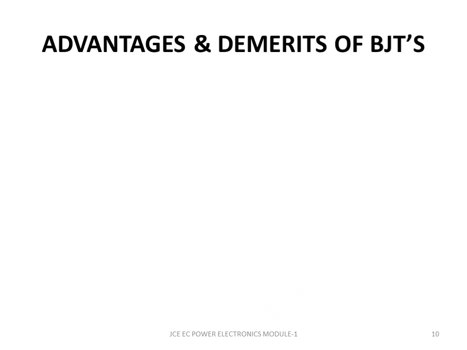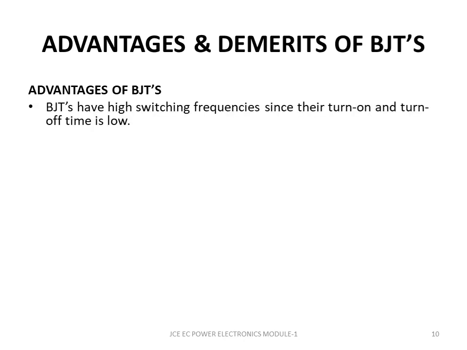Now let us look at the advantages and demerits of BJTs. What we have seen now is basically the BJT switching characteristics, turn on and turn off. Coming to advantages, BJTs have high switching frequencies since their turn on and turn off time is low.